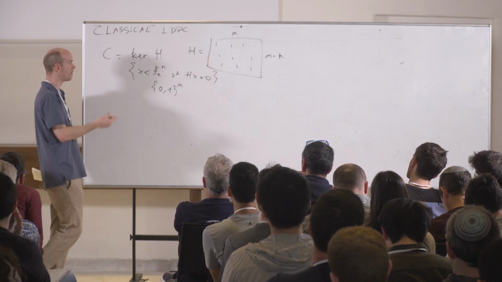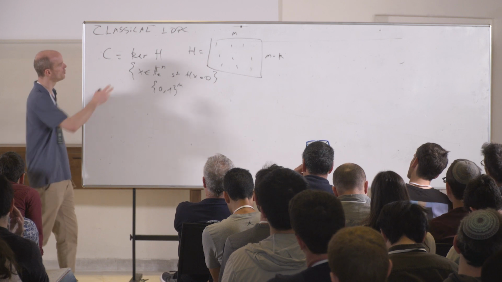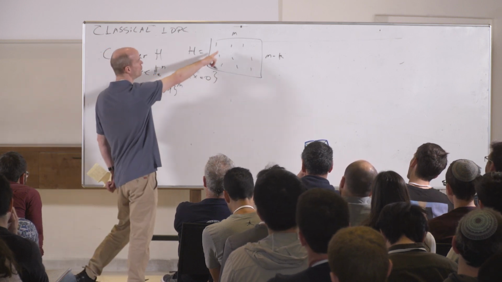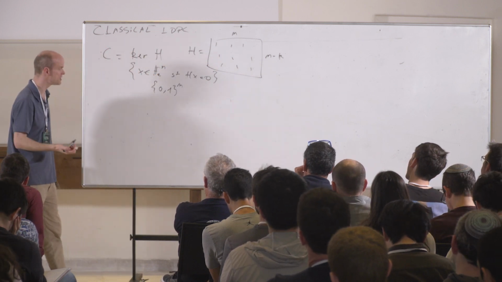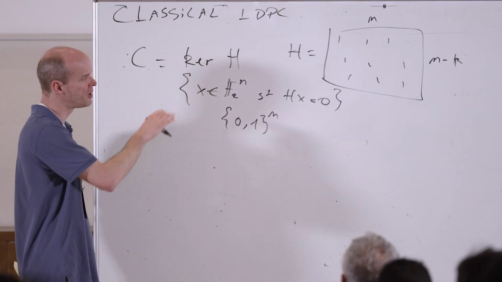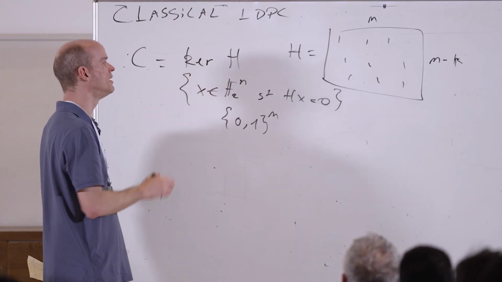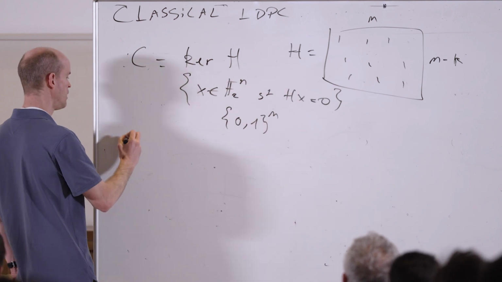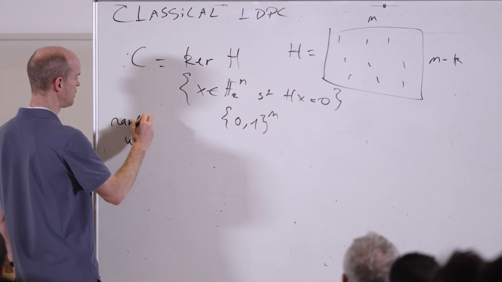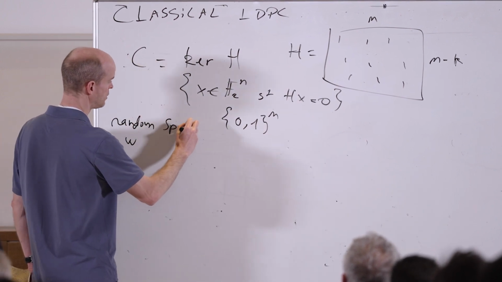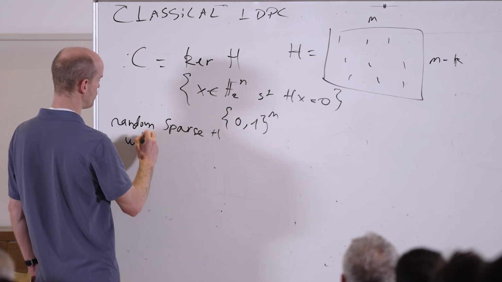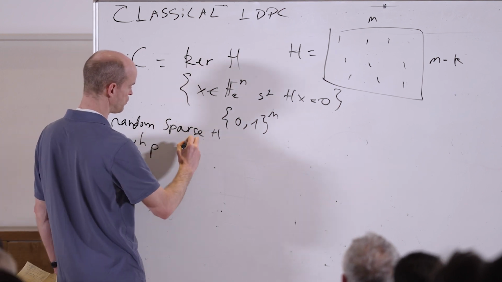What Gallager found in the 60s is that if you take a random sparse parity check matrix, which you can pick at random with efficient algorithms, then with high probability you get a good code.